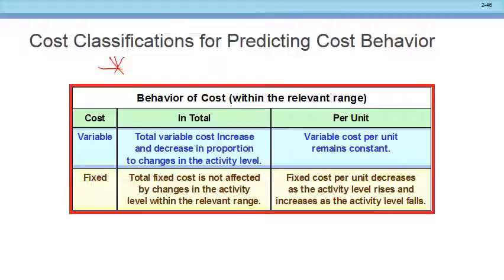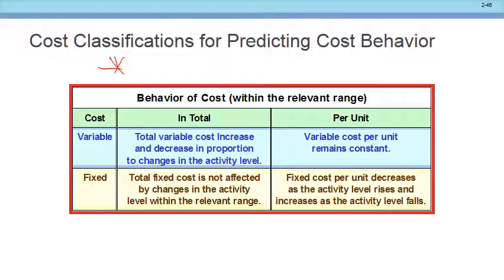That equals 100,000 as my fixed cost per unit. If I produce 2 units, I'd now take that 100,000 and divide it by 2 units. My fixed cost per unit is 50,000, isn't it? So my fixed cost per unit decreases as I produce more units, right?